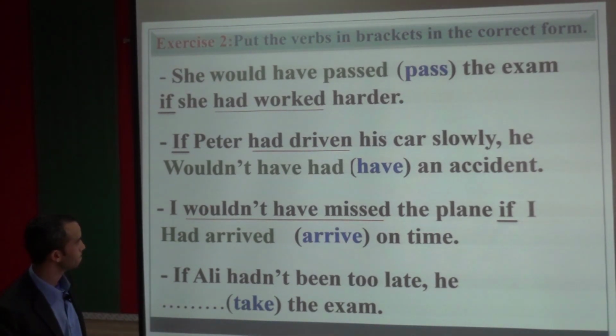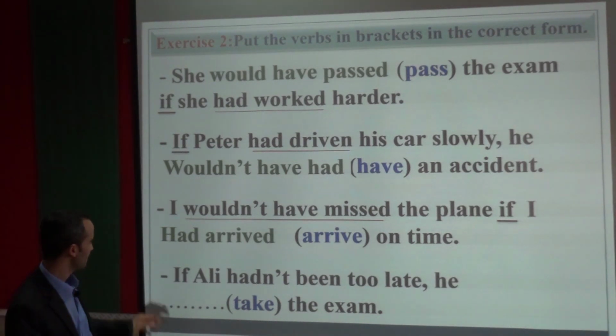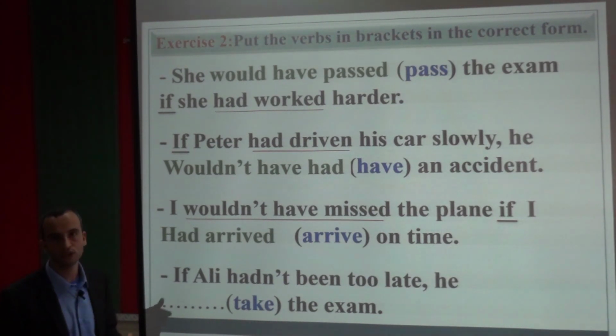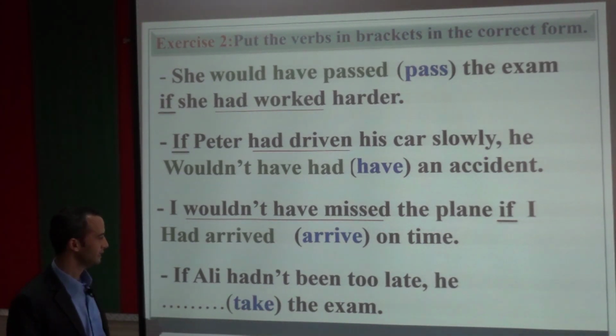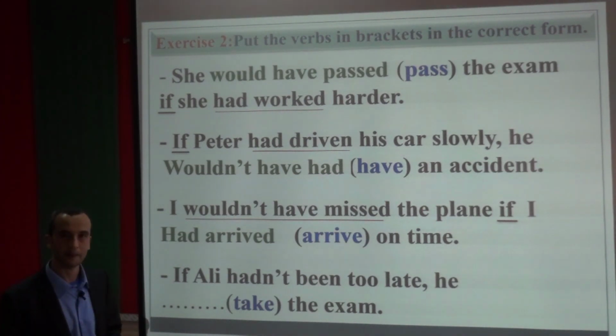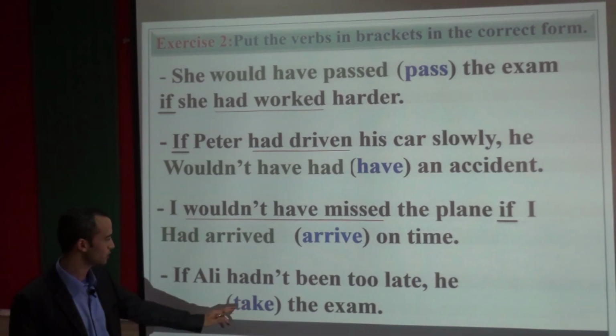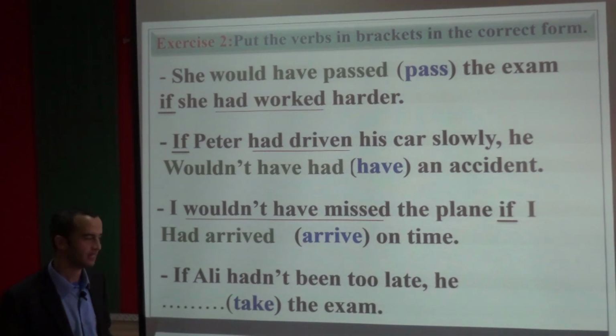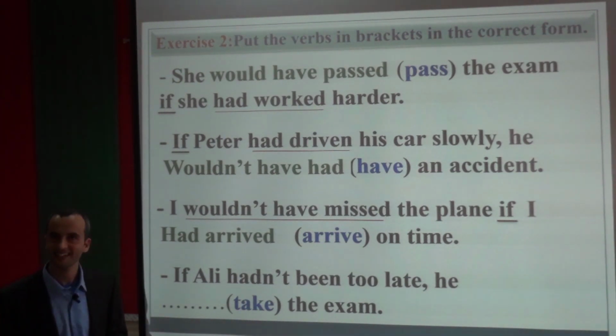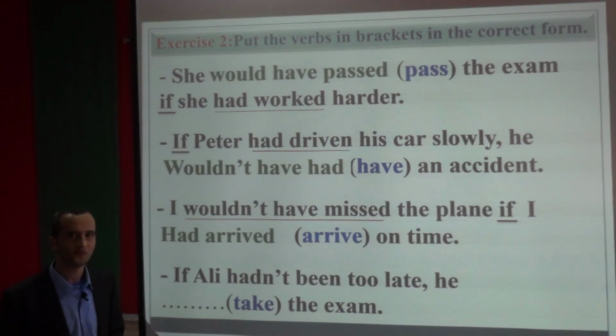Number 3, last example. If Ali hadn't been too late, he take the exam. So we have to use this verb to take, verb take in a correct form. So simply we would say, nice, very good. He would take. I don't think so.